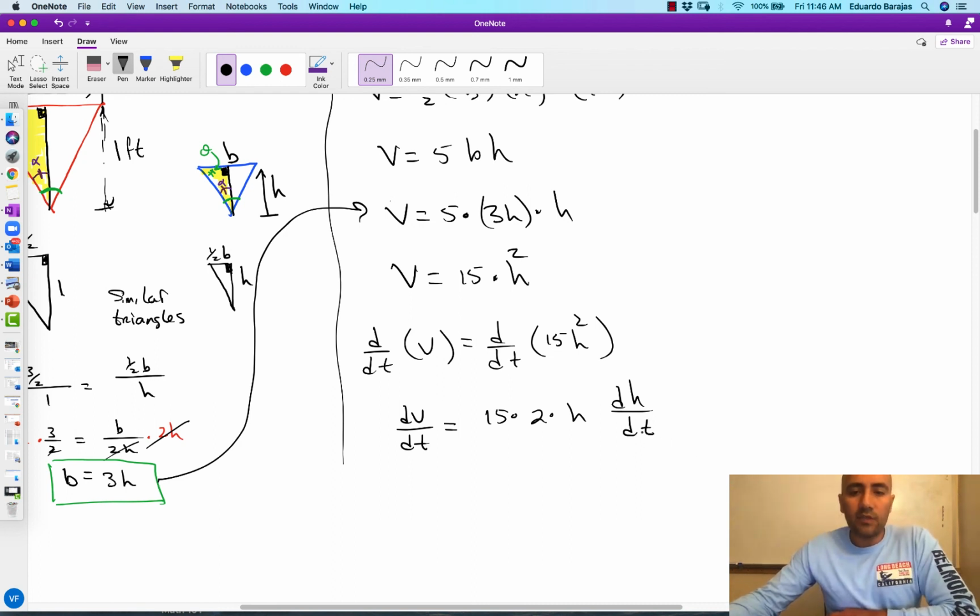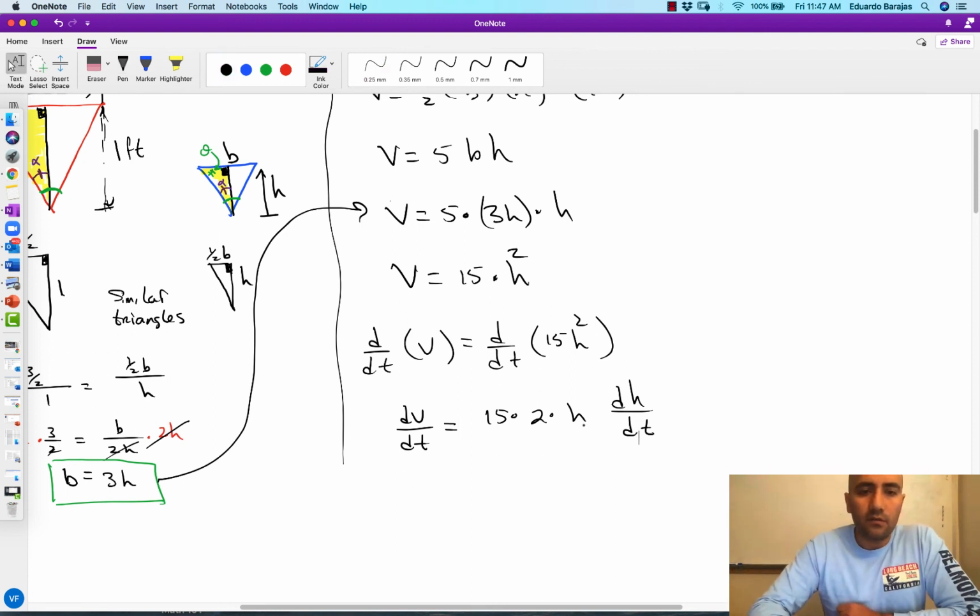And this is exactly what they were looking for. They gave us the rate of the volume, how much water is flowing into the trough. And they gave us this. So now we just need to find h.